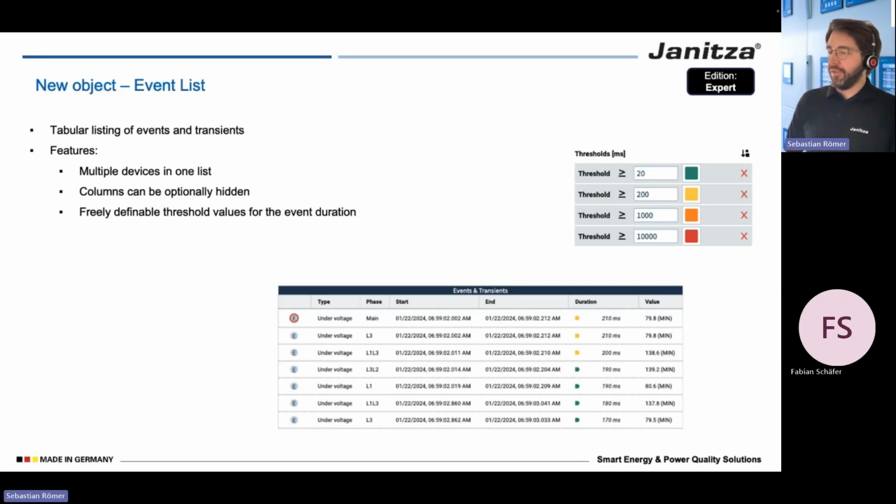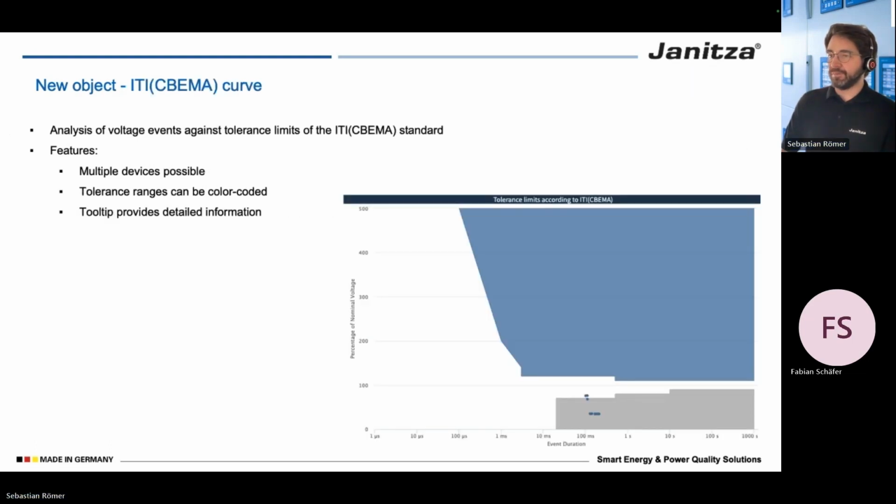This is also something that is already available in GridVis via the event browser, but now you don't have to use the event browser just to see all the events that happened in the last 7 days, or in the last couple of days or month. Now you can also showcase them right on your dashboard with this new object.